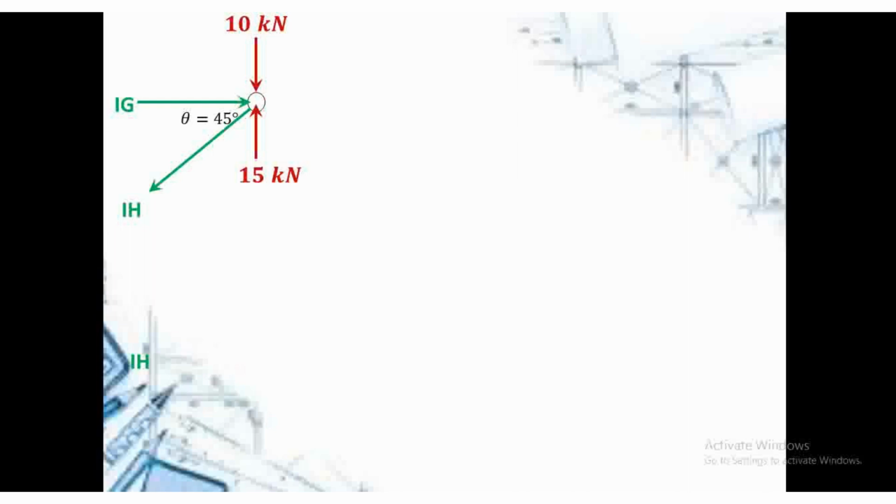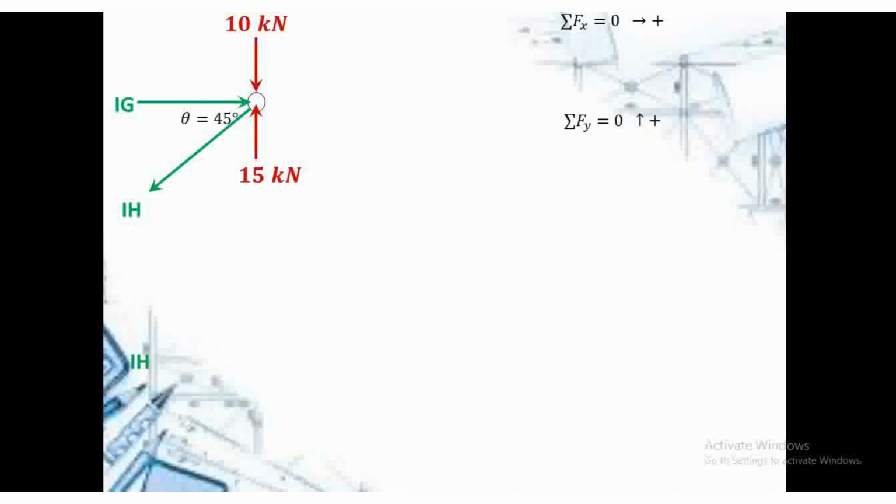You're required to determine the value of IJ and IH using the 3 static equations. What are these static equations? Again, we have the summation of forces along the x-axis, the summation of forces along the y-axis, and the summation of moments. For this problem, we cannot use summation of moments. We can only use summation of forces along the x and along the y-axis.